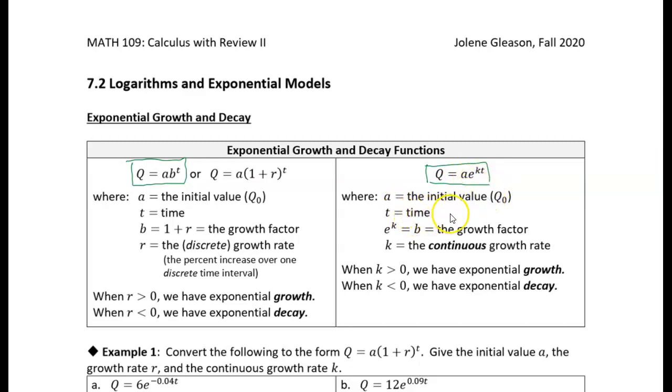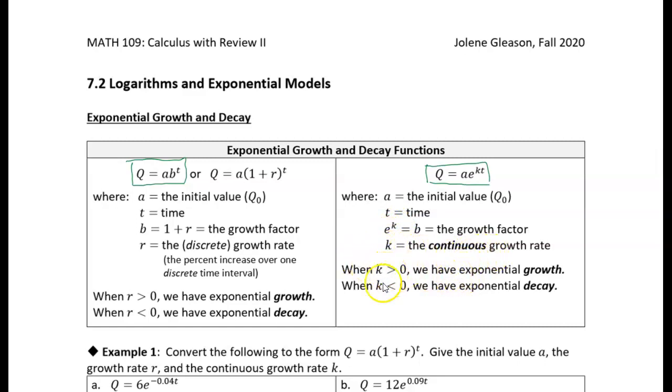So the initial value is A, also sometimes called Q0. E to the k is the growth factor, the same growth factor as we have over here in this other equation. The growth factor b is the same as e to the k, where k is some constant. And k is called the continuous growth rate.